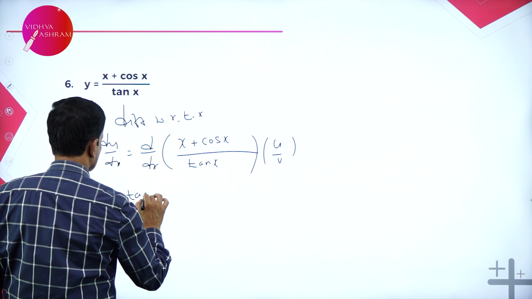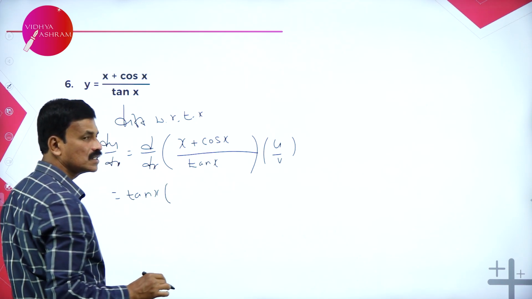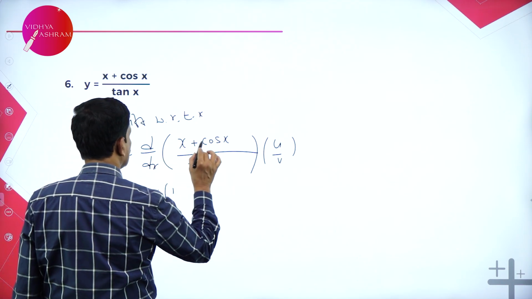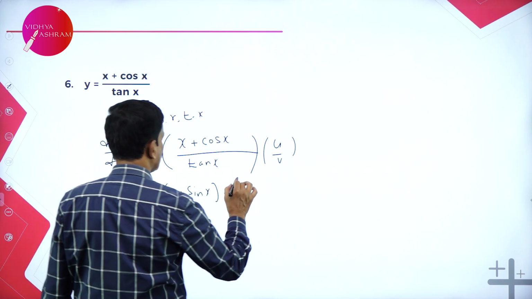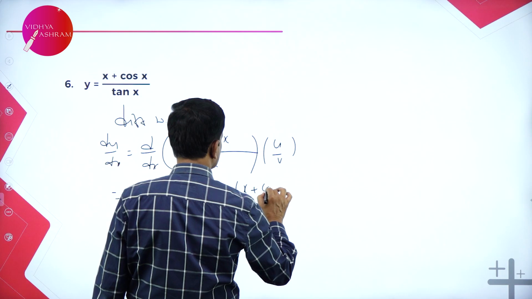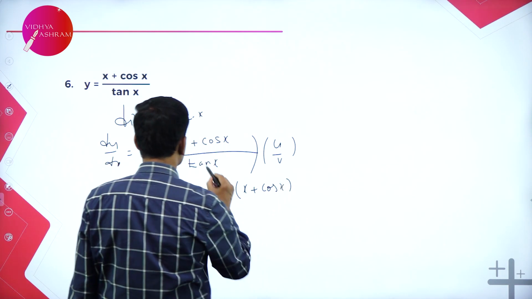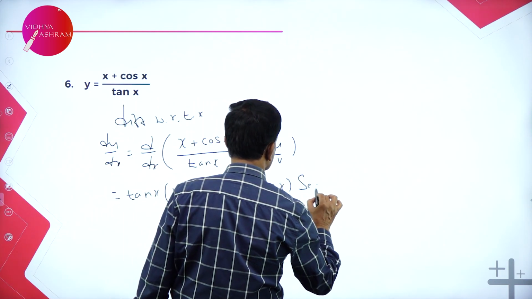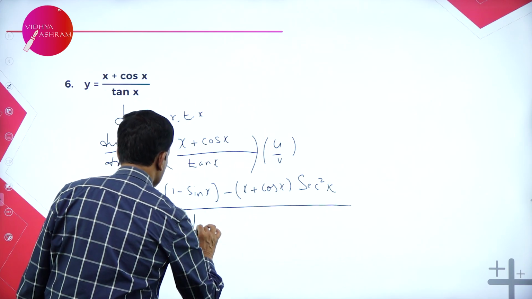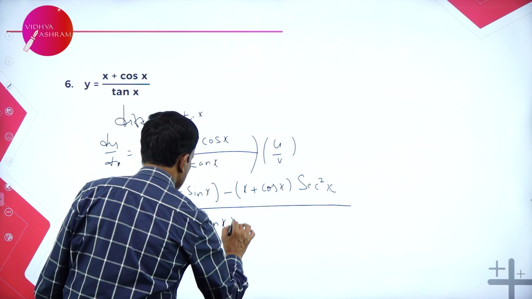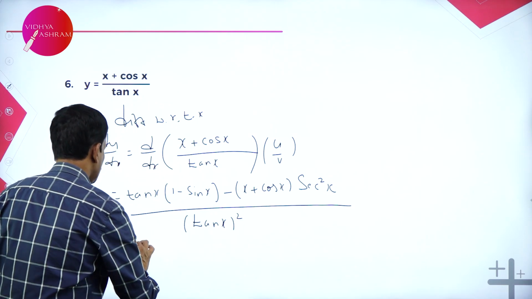Denominator tan x into differentiate this. So, differentiation of x is 1, cos x is minus sin x, minus numerator x plus cos x into differentiation of tan x is secant square x, divided by the denominator square. Denominator is tan x whole square. Now, multiply it.